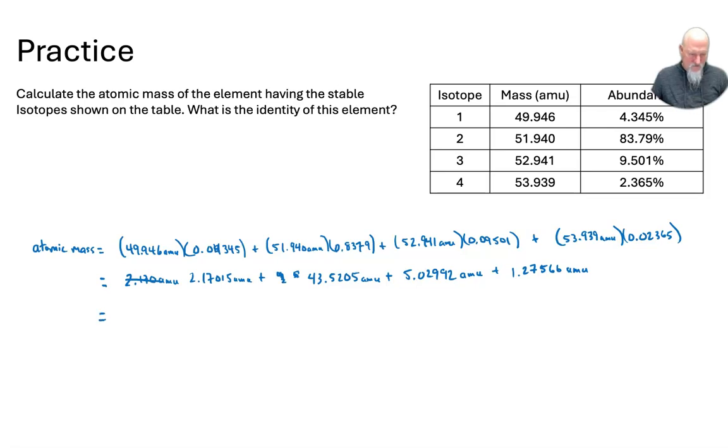So now we just add those all together. 2.17015 plus 43.5205 plus 5.02992 plus 1.27566.